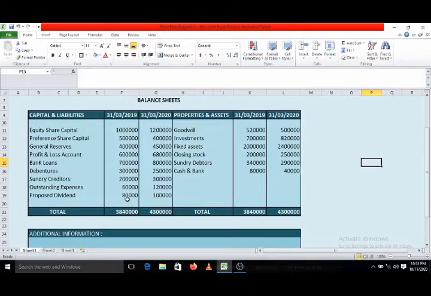This proposed dividend means at the time of closing of balance sheet, that is on 31st March 2019, the board of directors has made the provision for the dividend. So that's why it is only the provision, it is exactly not the liability. But after closing of the balance sheet the audit takes place, and when the annual general meeting of the company takes place, in annual general meeting, the company decides the amount of dividend for which the shareholders give their consent, and then it becomes the final dividend, and then it becomes liability of the company.